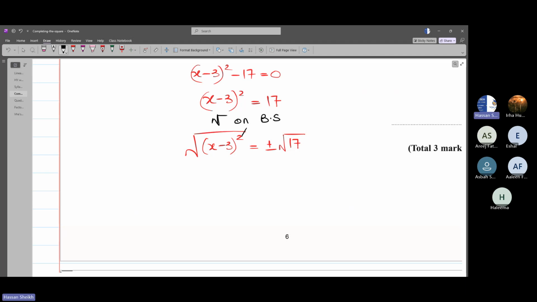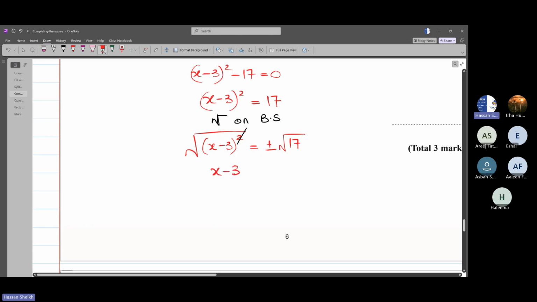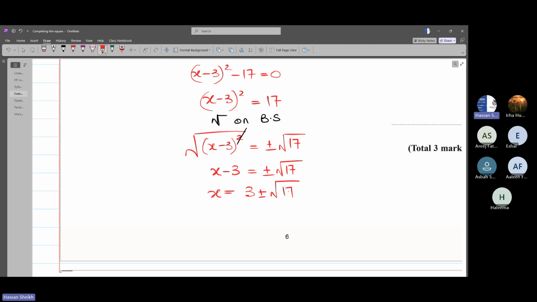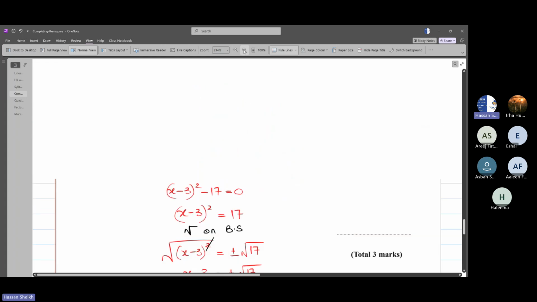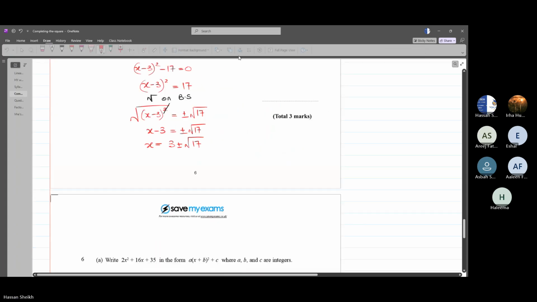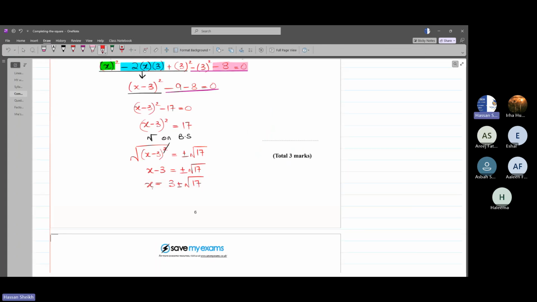So this square would be cancelled with this square root, and we got x minus 3 equals to plus minus root 17, and x equals to 3 plus minus under root 17, because when 3 moves to the other side, it must become positive. Agree?